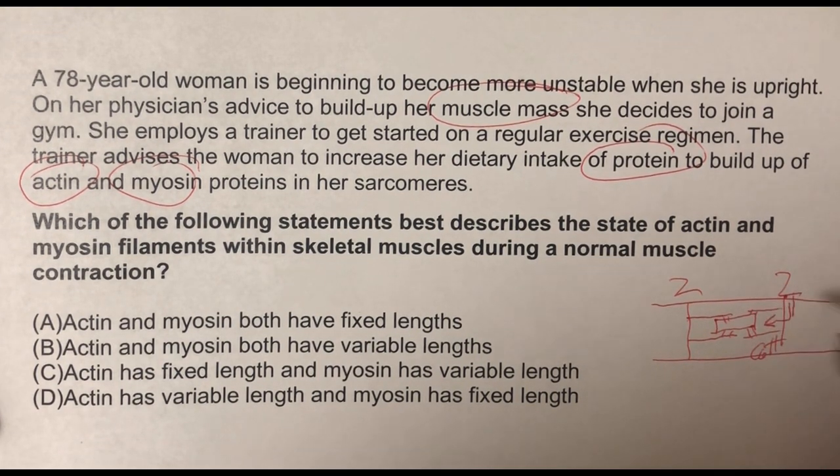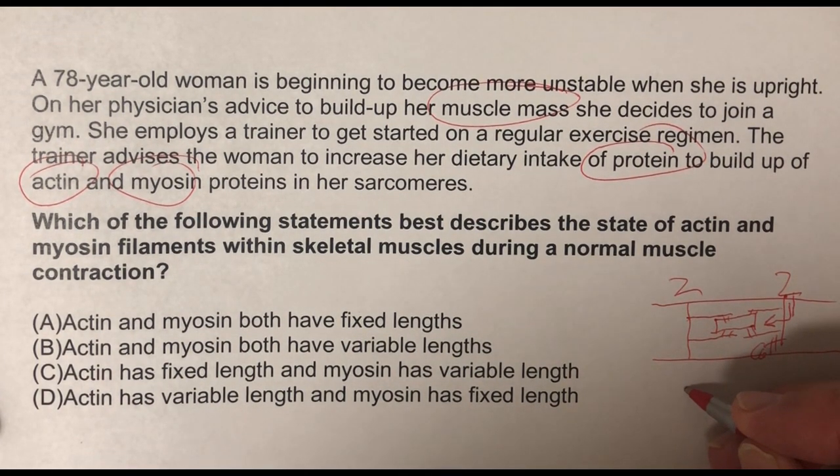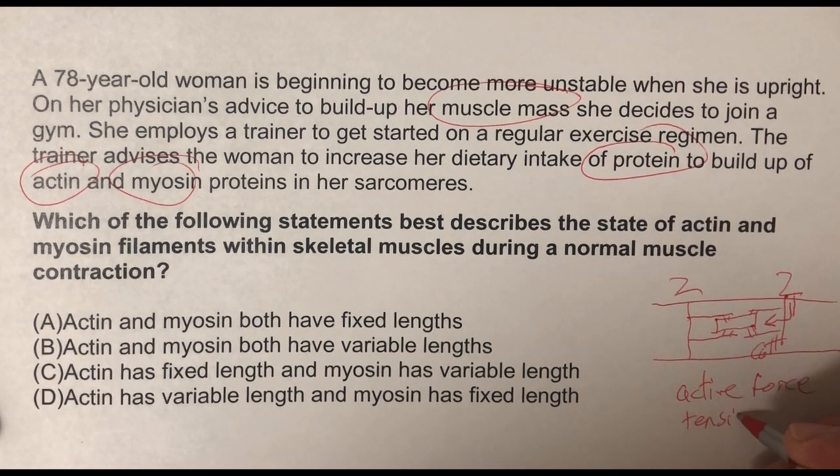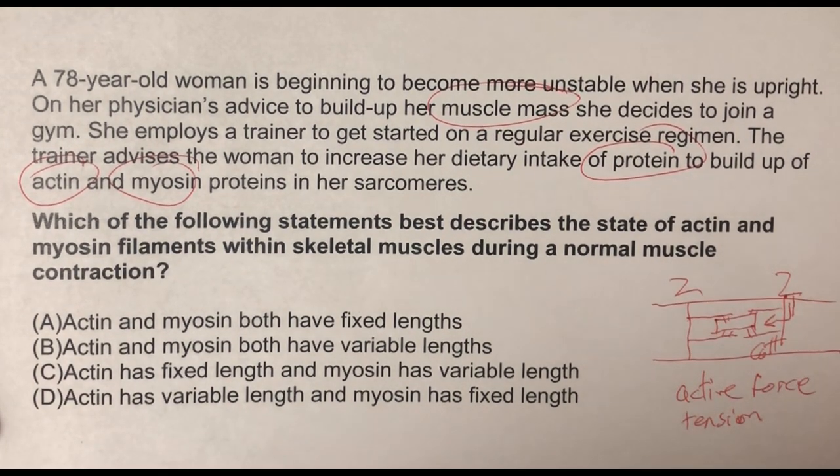And those cross bridges produce the force we call active force. And active force is known as tension or active tension. Active force, active tension mean the same thing for purposeful movement, for the contraction that the question is asking about.